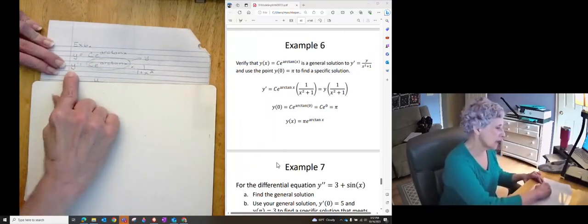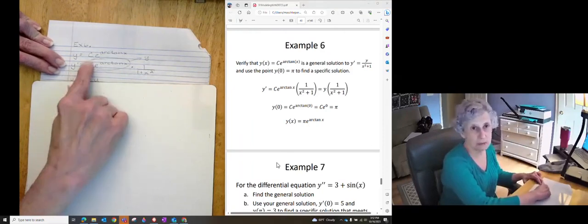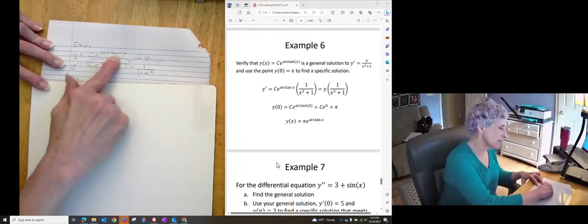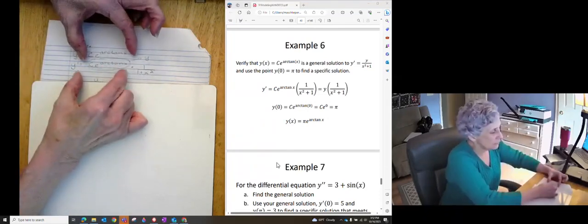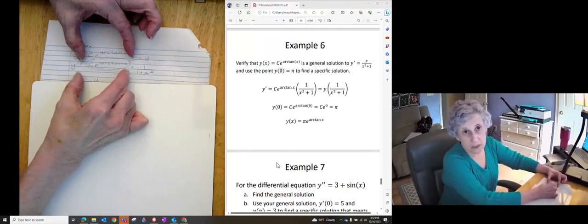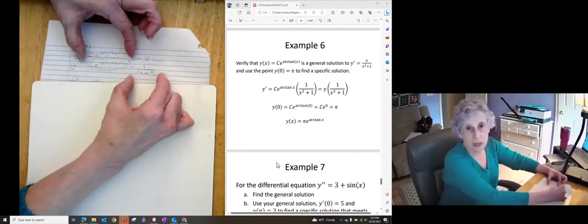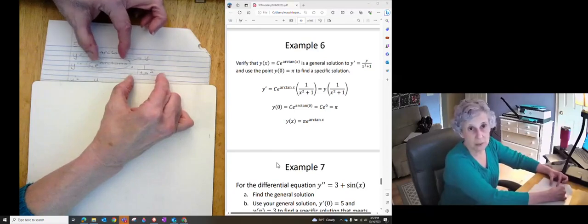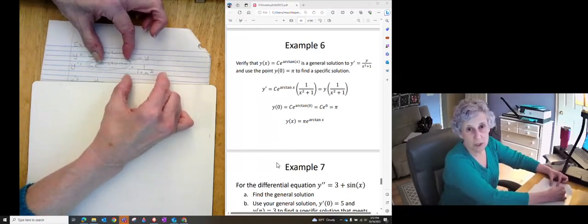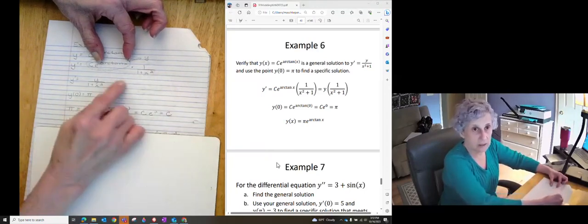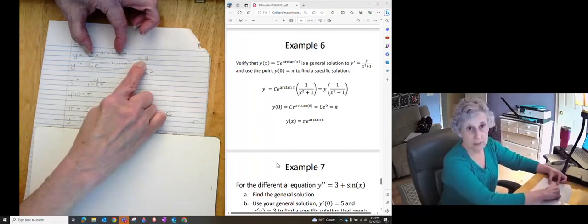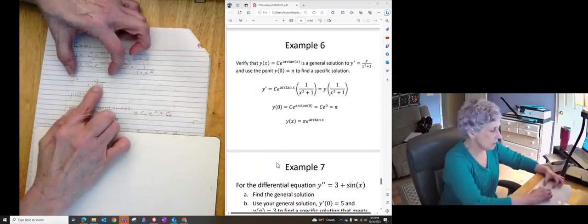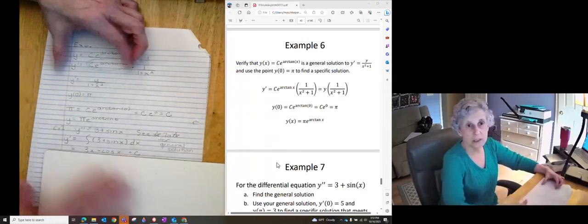So first thing I did was I took the derivative. The derivative of c times e to the arctan of x. Well, derivative of e raised to something is e raised to something times the derivative of the exponent. Derivative of arctan is 1 over 1 plus x squared. But c e to the arctan happens to be y, so y prime is y over 1 plus x squared.